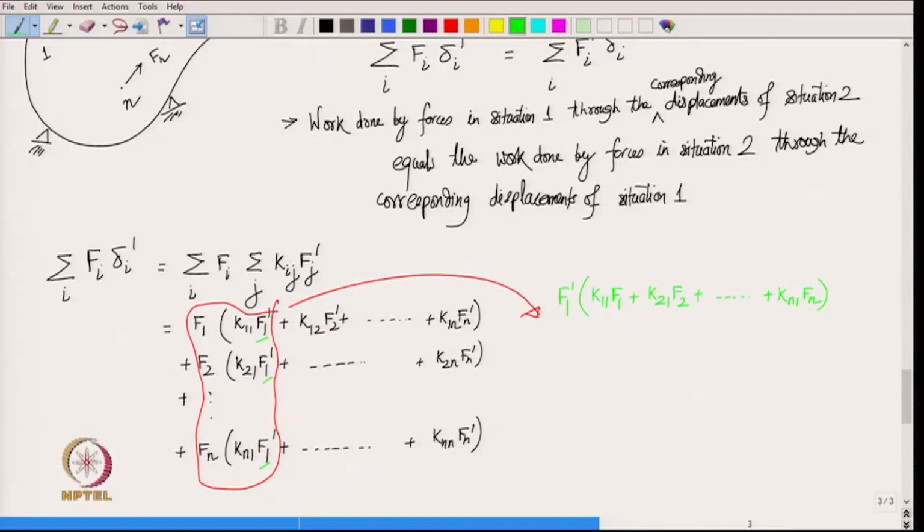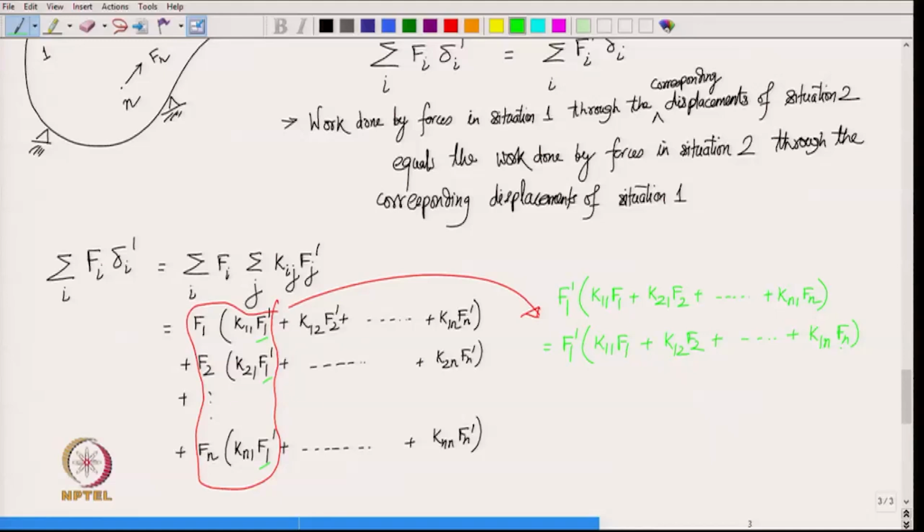And then we can use the reciprocal relation to say that k_21 is the same as k_12 and k_n1 is the same as k_1n. So, this is then f_1 prime into k_11 f_1 plus k_12 f_2 plus dot dot dot plus k_1n f_n.